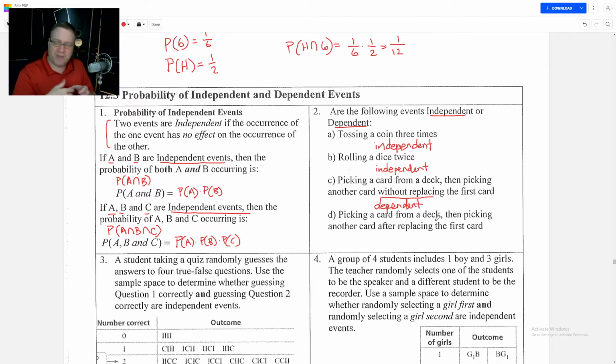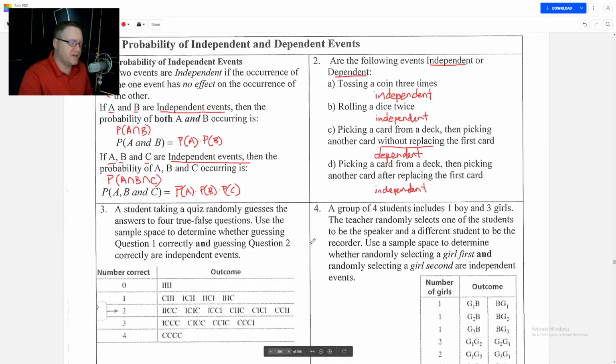Because I put the card back in, so it's still going to be 4 out of 52. So this time it's independent. All right, so those are the answers. Independent, independent, dependent, and independent.